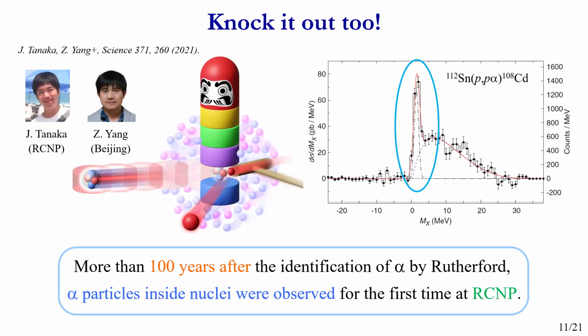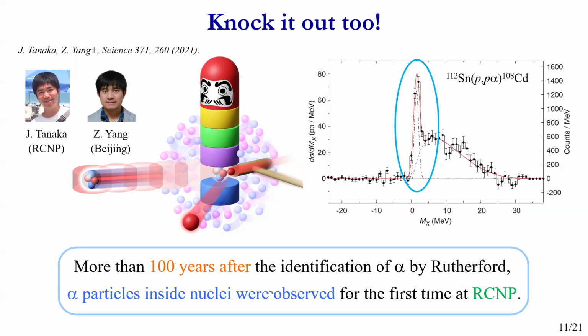They and the collaborators measured the (p,pα) reaction from tin isotopes to see whether alpha exists or not in the tin isotopes. And before that, actually, there was a very important prediction by Stefan Typel that in tin isotopes, we may have an alpha cluster.